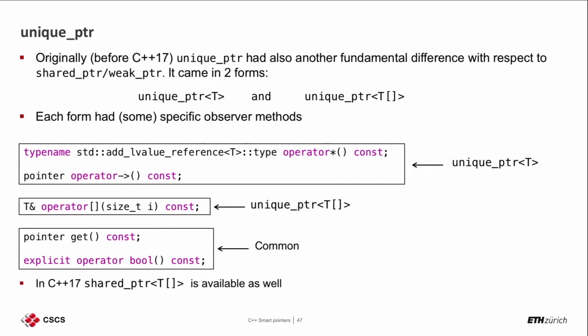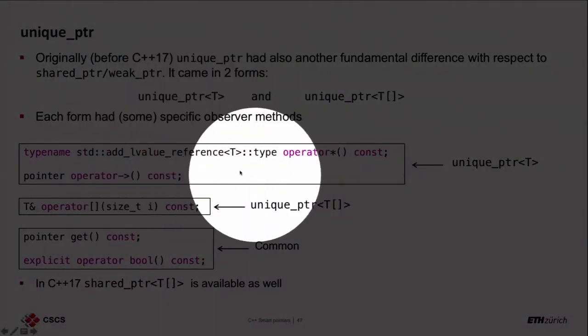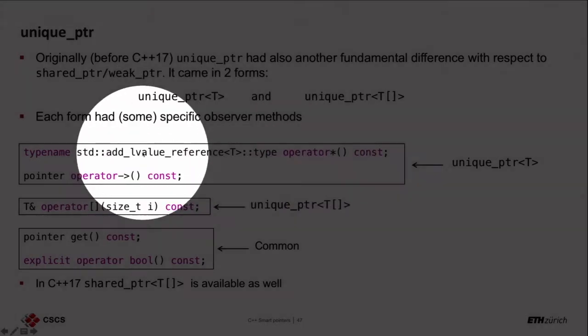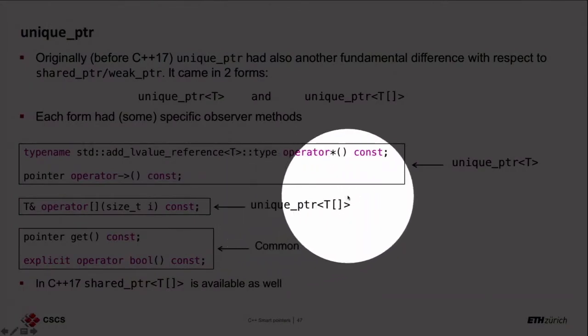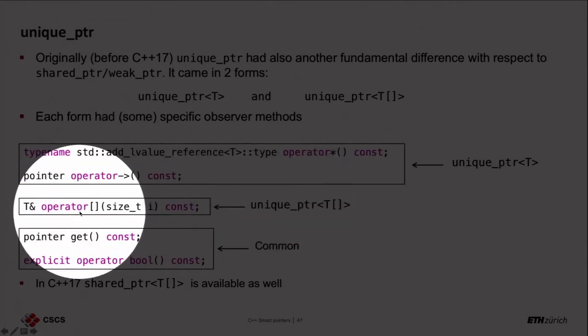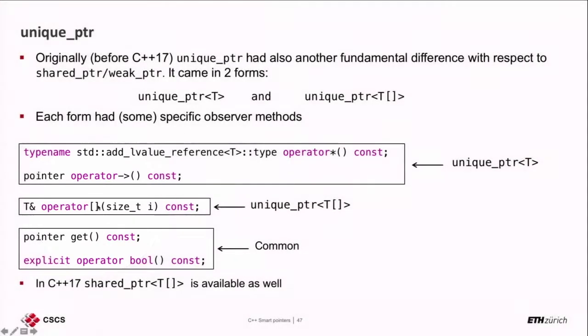And the two forms have different specific observer methods, which means that for the unique or shared pointer to a single type, you will have the dereferencing operator, like you have for the raw pointer. And for the unique or shared pointer to an array type, you will have the square bracket operator that gives you access like for an array.